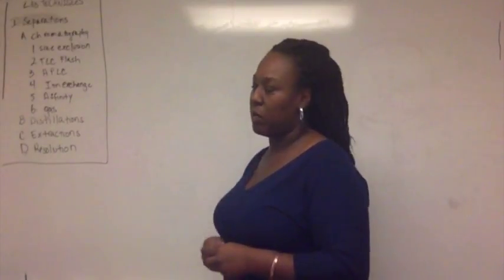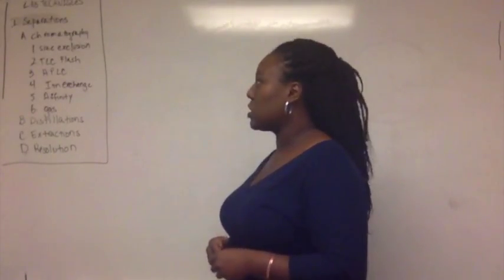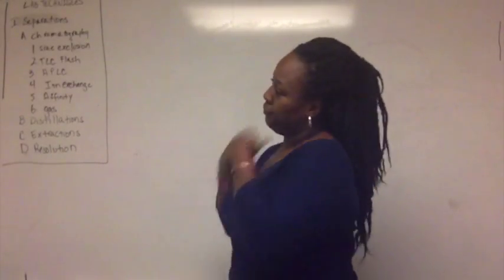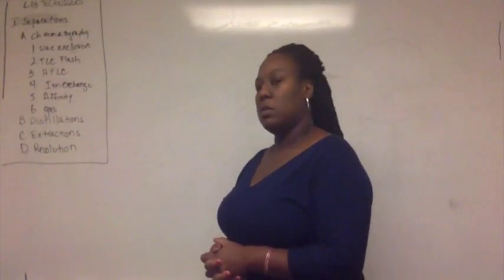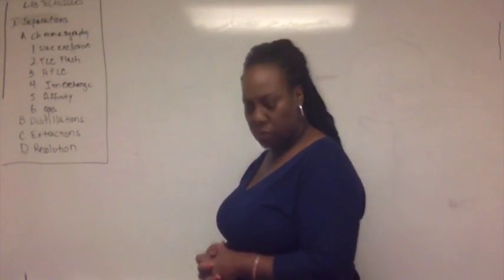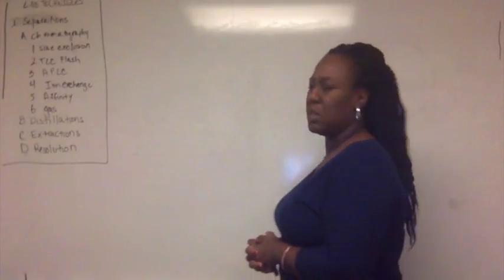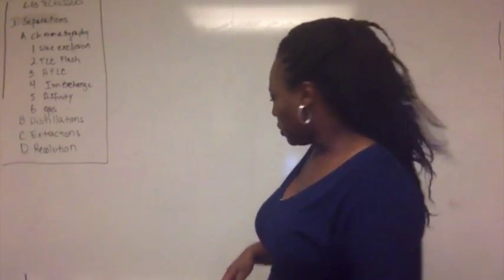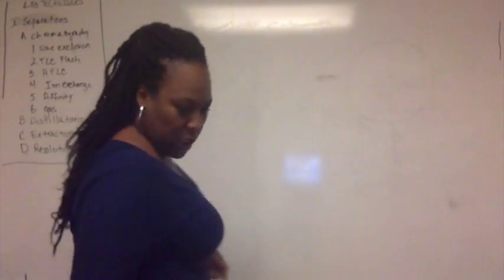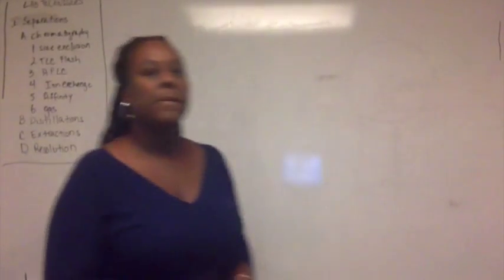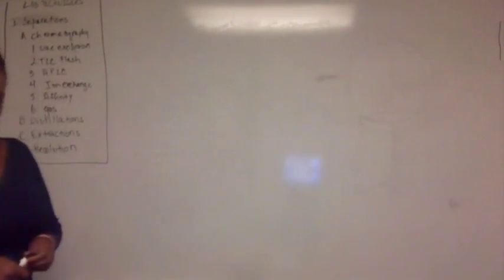We have a lot of chromatography to go over, and that's one of the new changes to the MCAT 2015. They do a lot more in chromatography than they used to. It used to be just pretty much TLC on a test, but now they have other things they want you to cover.